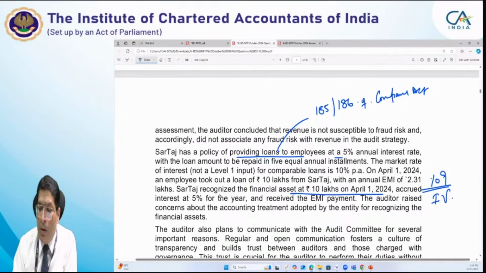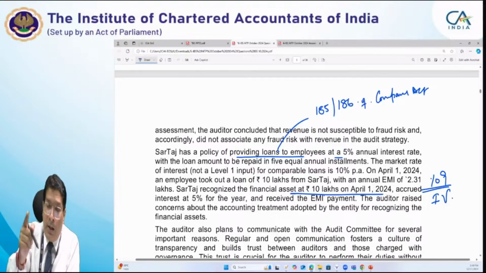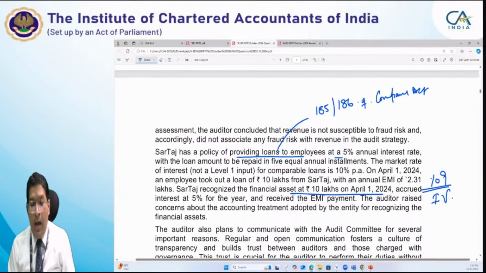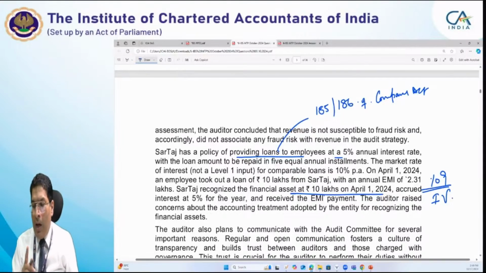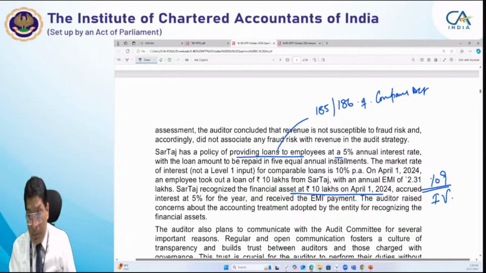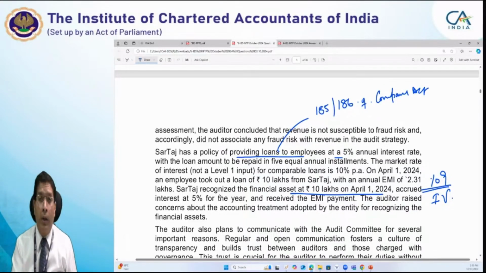And it accrued interest at 5% for the year and received the EMI payment. The auditor rightly raised concern about the accounting treatment adopted by the entity for recognizing the financial asset. As per Ind AS 109, this financial asset should be recognized only at fair value. Okay.